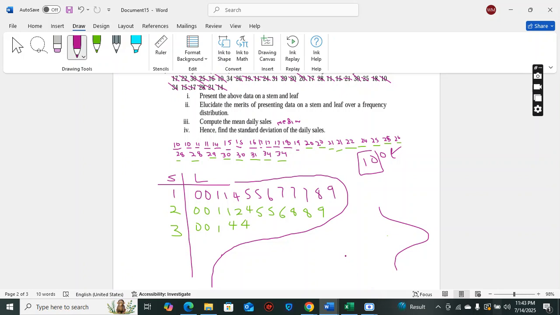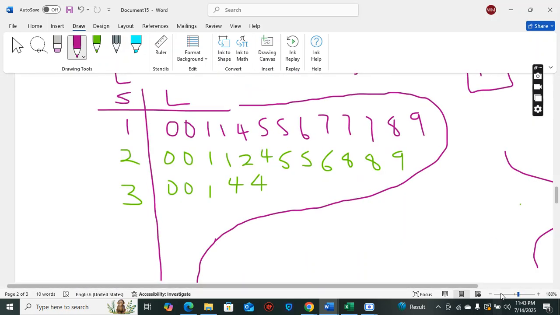Compute the mean of the daily sales. Meaning you have to add all these numbers, colleagues. Imagine it's the exam, and you have to add 30 numbers.